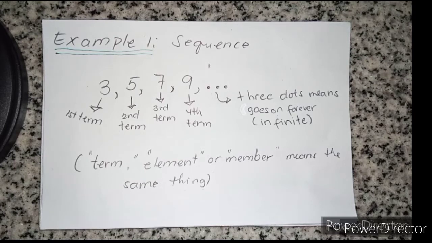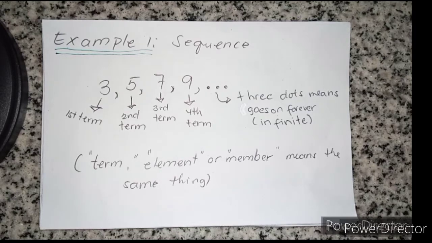They are separated by a comma. As you can see, we have 3 dots there. The 3 dots mean it goes on forever, infinite, or continues. Okay, so term, element, or member have the same meaning.